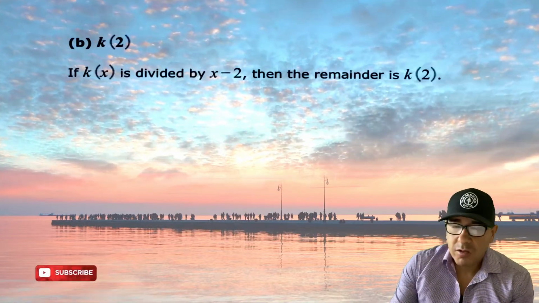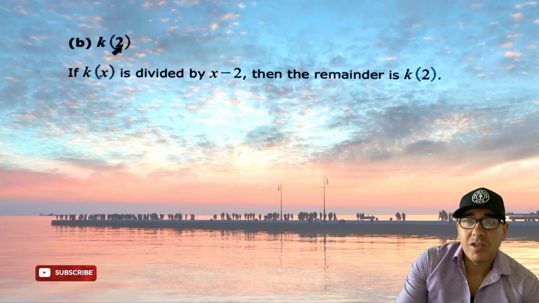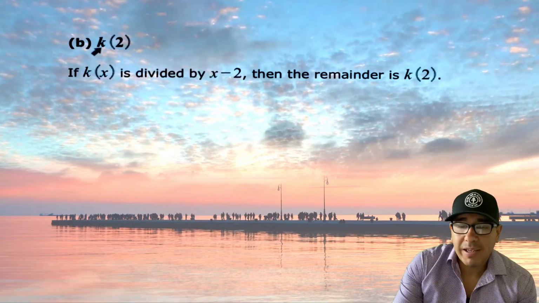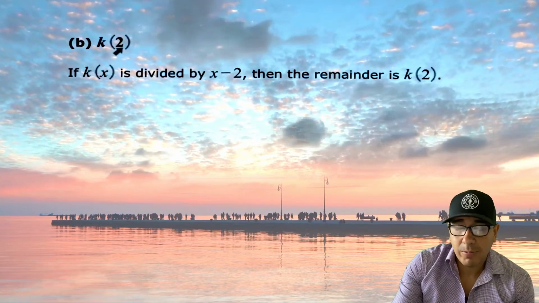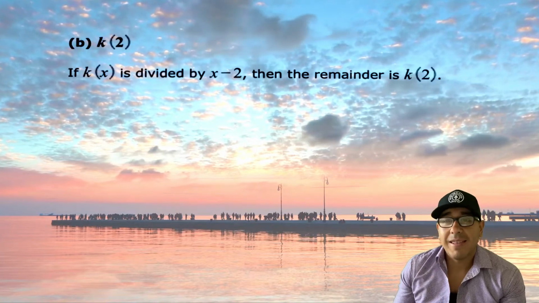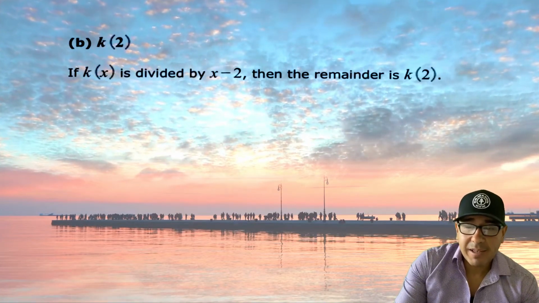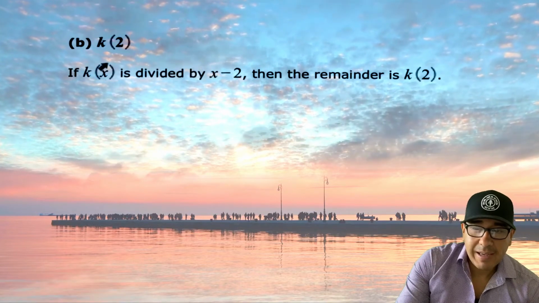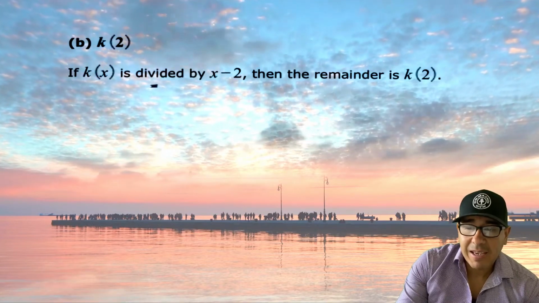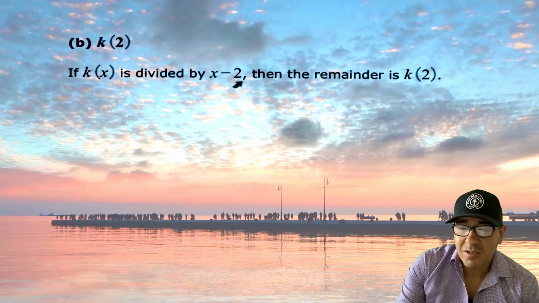So now let's plug in k of 2. When we plug in 2, that's the same thing, according to our remainder theorem, as us taking that k of x and dividing it by x minus 2.